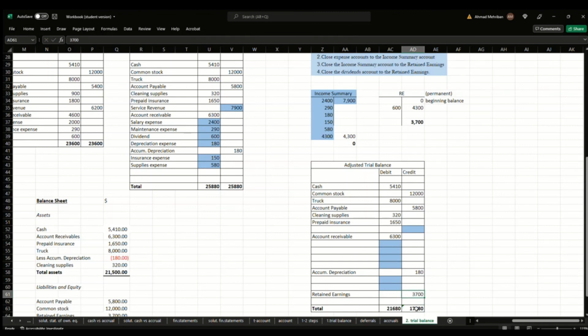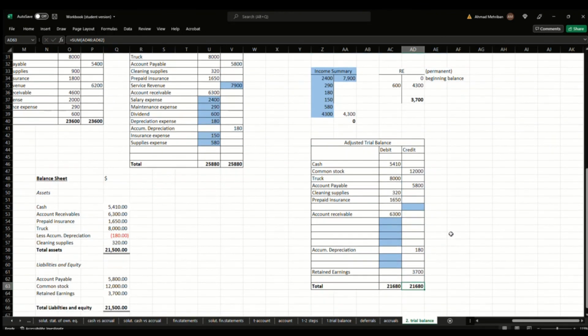And of course, my formula is not correct. Let me clear it and do the formula all over again. That's it. As you can see, it all balances out.